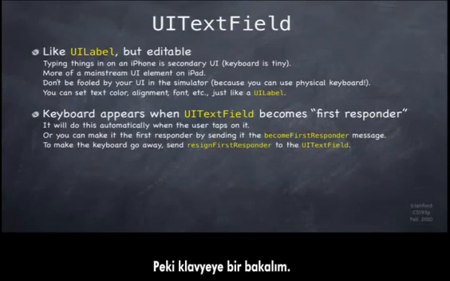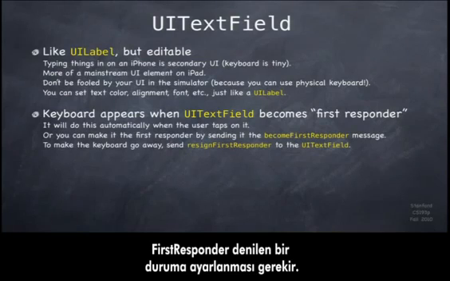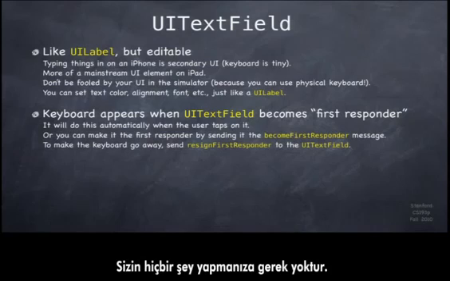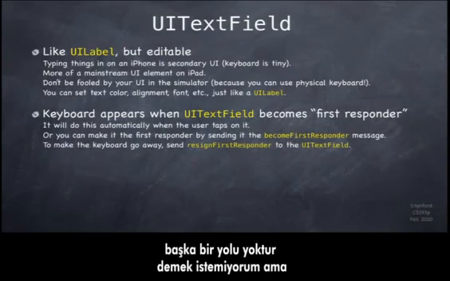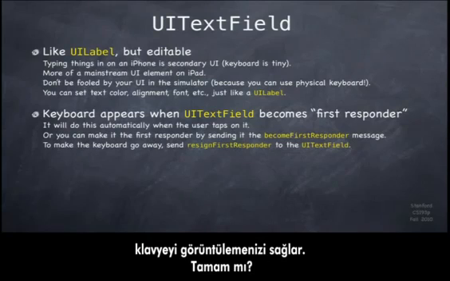What about the keyboard? The keyboard that zooms up from the bottom automatically appears when the text field becomes what's called the first responder in a window. And this happens all automatically. There's nothing you have to do. And in fact, I don't want to say there's no other way to get the keyboard to come up, but using a text field or text view or the web view is the way to make the keyboard come up.